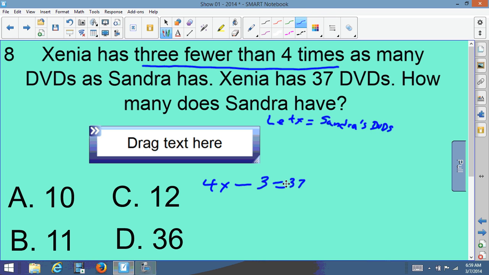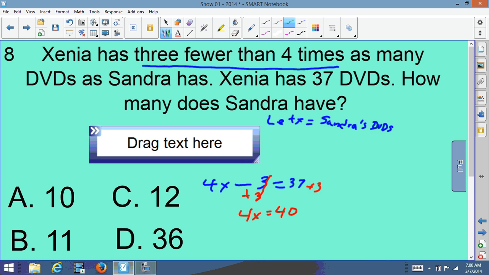So we have an equation that we can solve for X, which would be Sandra's amount of DVDs. So let's solve it for X. So let's do some transposing here. Add 3 to both sides. The 3's cancel out, leaving me with 4x equal to 37 plus 3 is 40.